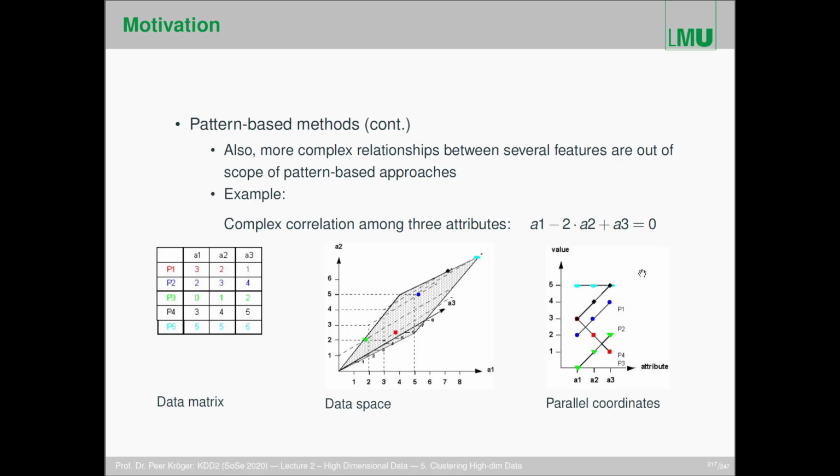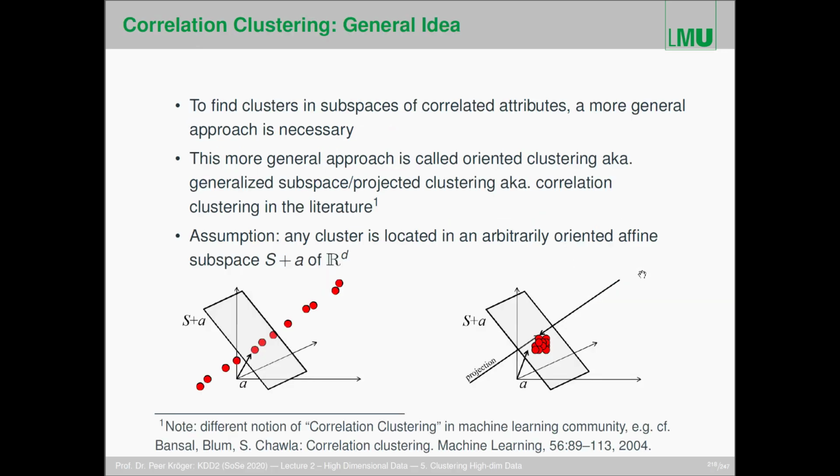So we can summarize: positive correlations between two features can be detected by coherent evolution pattern-based approaches, but pairwise negative and more complex relationships where several features are involved cannot be detected by those pattern-based approaches. So we need some more sophisticated approaches, and those are the so-called correlation clustering approaches.